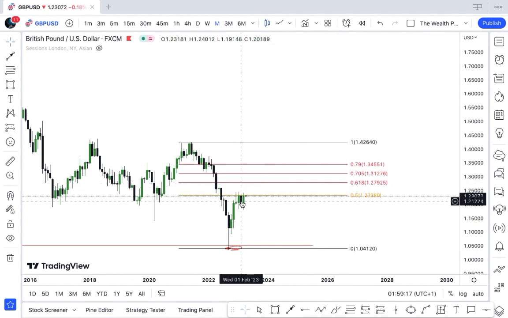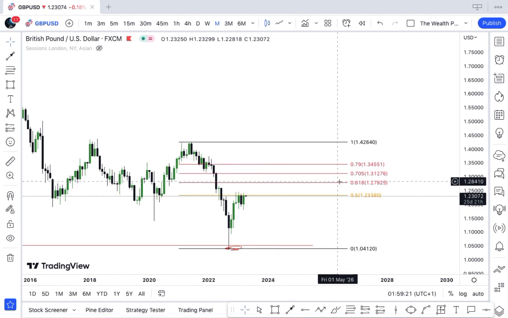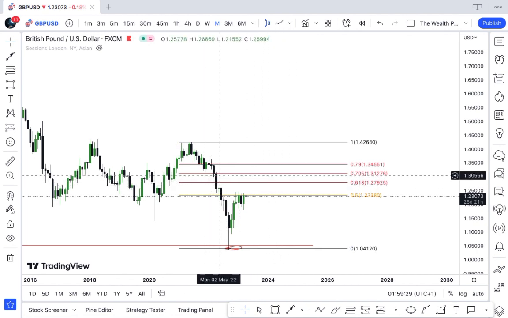Now we have the 50% here, and then we have the 61.8% here. And if you look at this 61.8, which is a premium level, we have a level of imbalance here. We have other imbalances here. We have an order block.